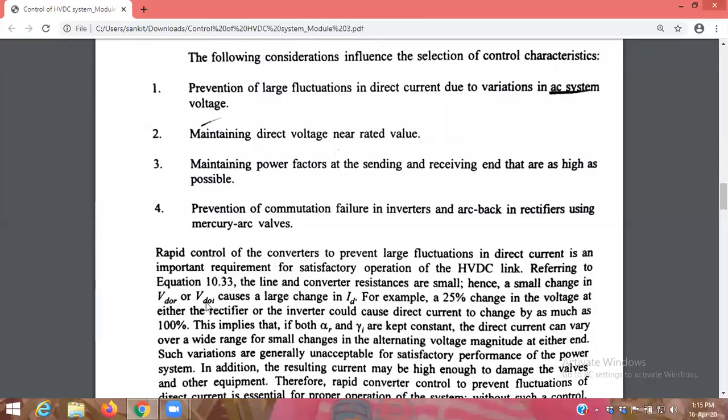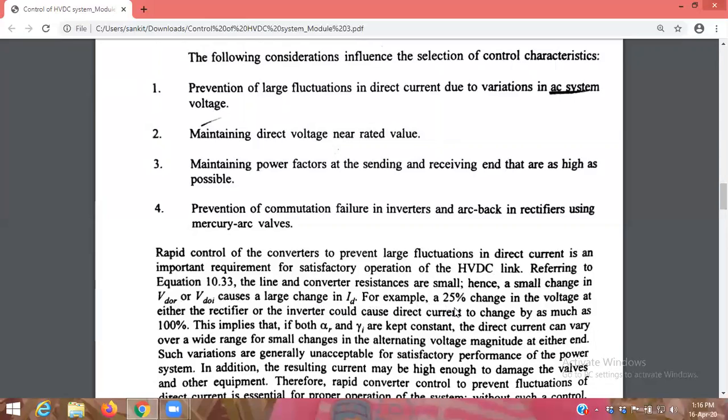So, if this VD0 or VDI, that is the DC voltage across the rectifier terminal or the DC voltage across the inverter terminal, changes slightly due to a slight change in the supply voltage, the ID will change enormously. As the denominator is already small, if there is a slight change in the numerator, the value of ID will change enormously.